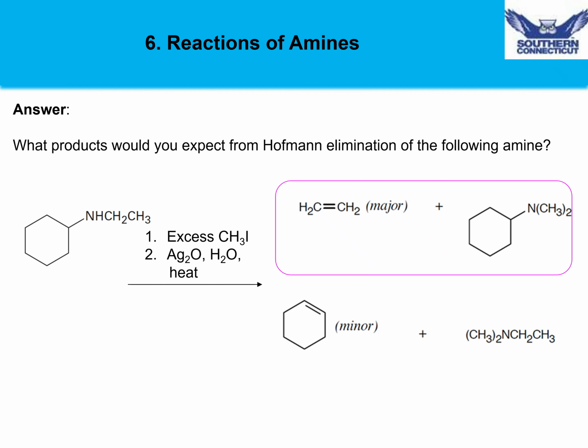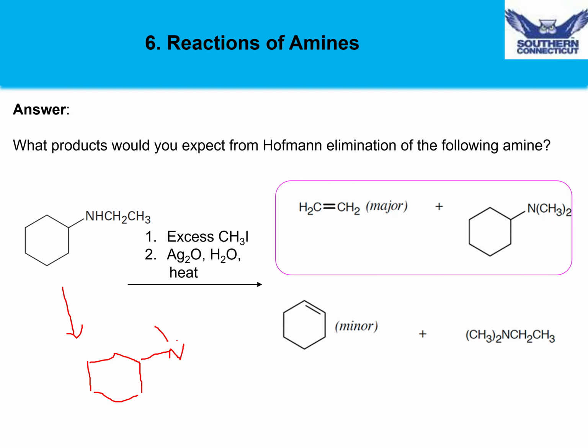The reaction starts by adding excess methyl iodide to the amine that we're starting with. That would lead to adding two methyl groups to the nitrogen and giving us the following intermediate.